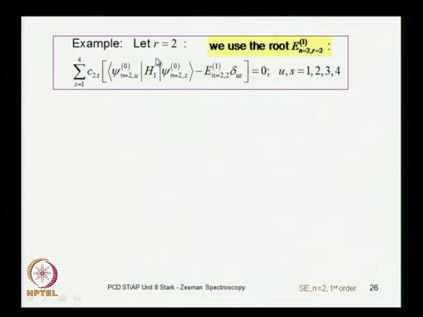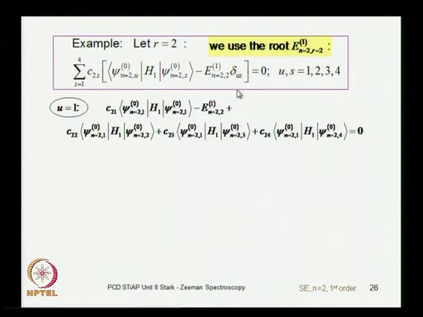So, let us illustrate this for a particular case. I will take the case of r equal to 2, just any one of those 4 values, and you take the root corresponding to r equal to 2, whatever it is, and then for each value of u going from 1, 2, 3 and 4, you will have 4 sets of equations. So, this is the equation for u equal to 1.